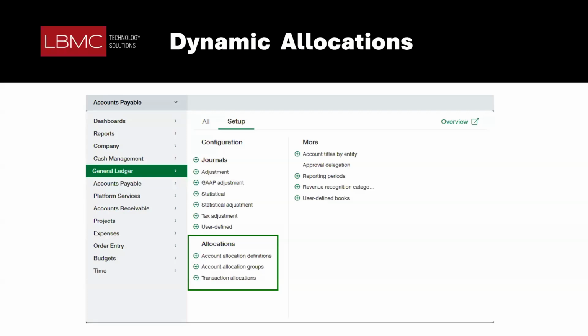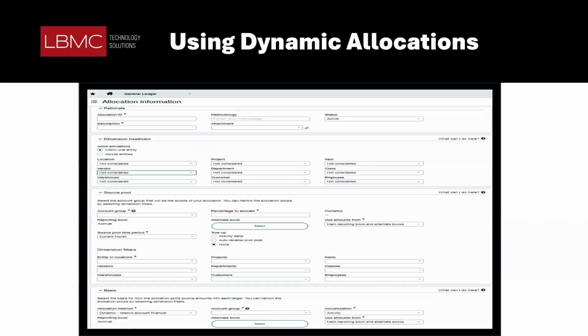Next, once you have your user-defined books within your Sage Intacct environment, you will create the backbone of your allocations, which will be your account allocation definition. This allocation definition sets into motion where your source information is going to be pulled from, and it also gives the system the roadmap to where you want your allocation information to be held within the system.